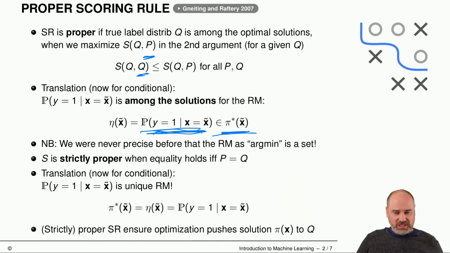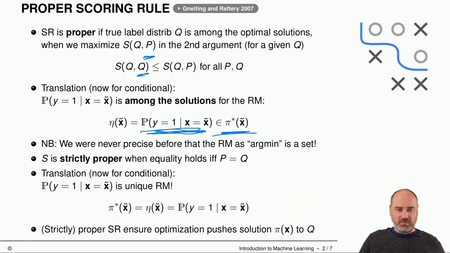And using such a proper scoring rule actually ensures that the risk minimization of the associated loss function and of the associated ERM problem pushes our solution towards the correct distribution, which is the true label distribution. And that seems something really reasonable.